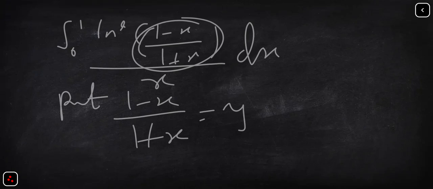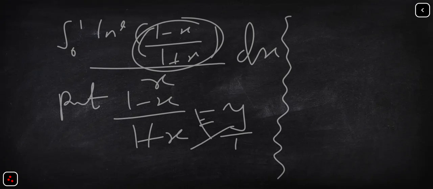If I do that, I have to make x the subject of the formula to know what my x will be, because I want to be working in the y world now, with respect to y, not with respect to x again. What will x be if 1 minus x over 1 plus x is equal to y? This is common algebra. You cross multiply, so we have 1 minus x is equal to y times (1 plus x).